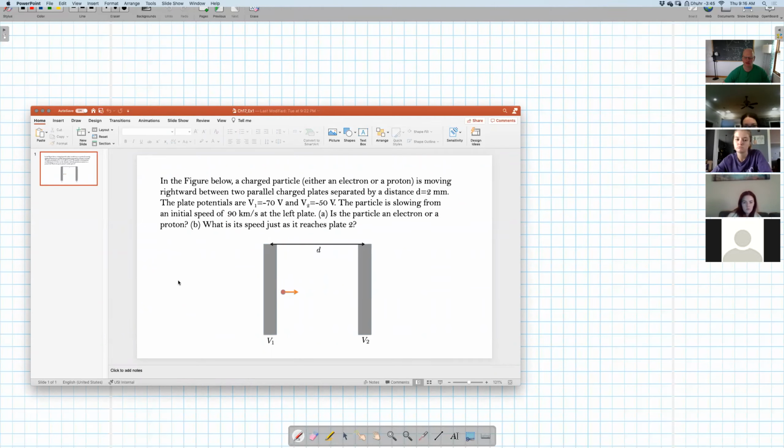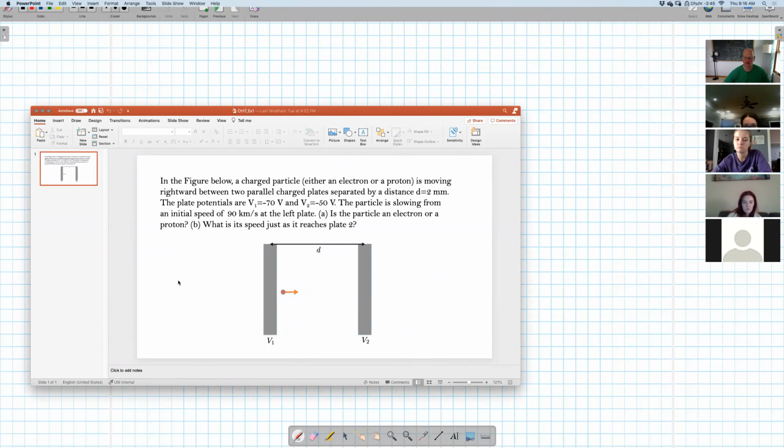Here we know that the change of potential energy is equal to minus the work, which is equal to minus the force times the displacement times cosine of the angle between the two. But here the force is specifically equal to the electric force. So this is negative the charge times the electric field times the displacement times cosine of the angle between the two.